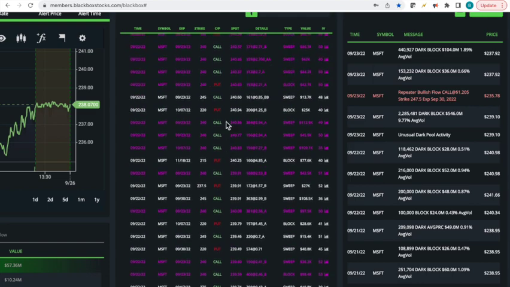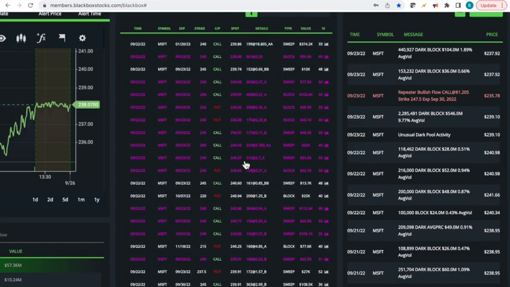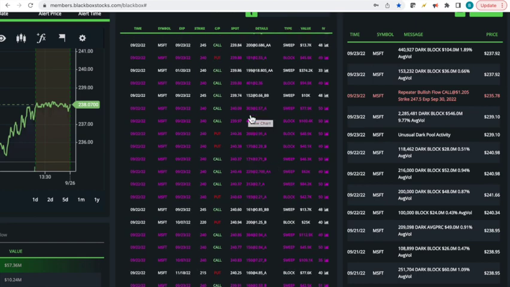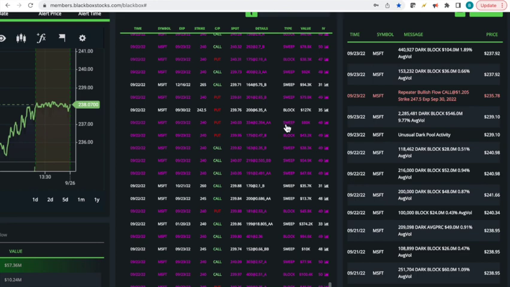Bid side puts, Microsoft sees this as a repeat thing, and calls on the ask. This is amazing flow. In terms of a bull-bear perspective, this is looking way better than anything we've seen in the past couple days. Again, not a buy or sell recommendation.